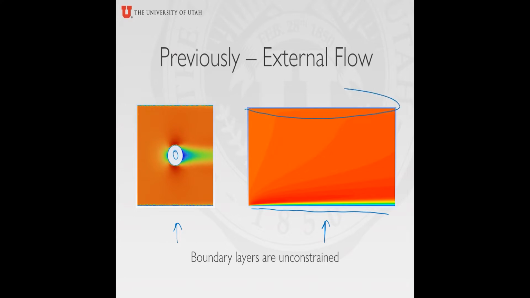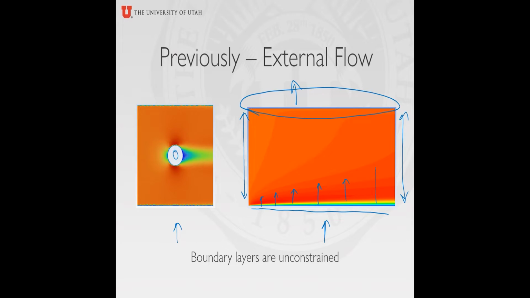This wall on the top here could go to infinity. The height of our inlet and outlet could both be infinite. And that allows the boundary layer here in the flat plate to just continue to grow over the entire distance.